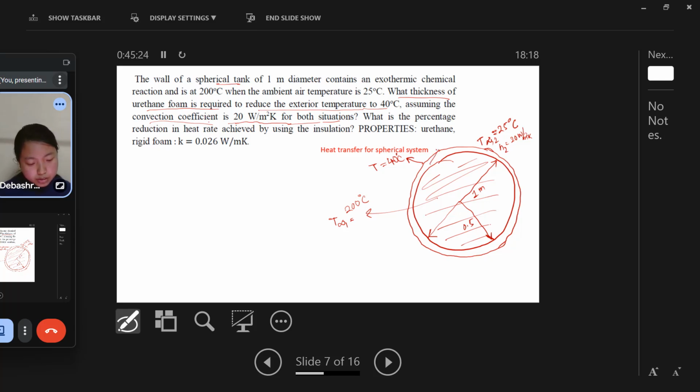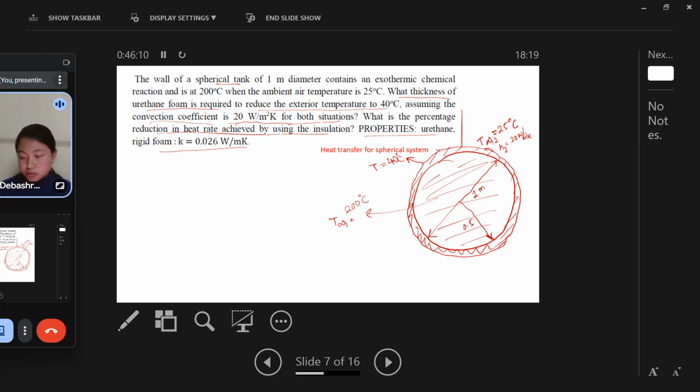They have asked to find out the thickness of this insulation, or this foam. Also what is the percentage of heat rate reduction achieved by using this insulation? Because of this insulation there will be some reduction in heat loss, and you need to calculate that percentage.